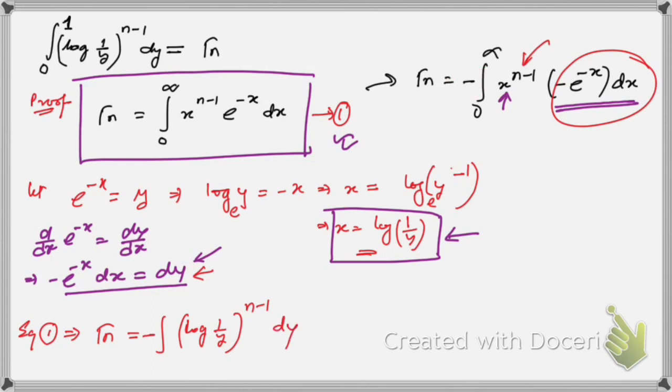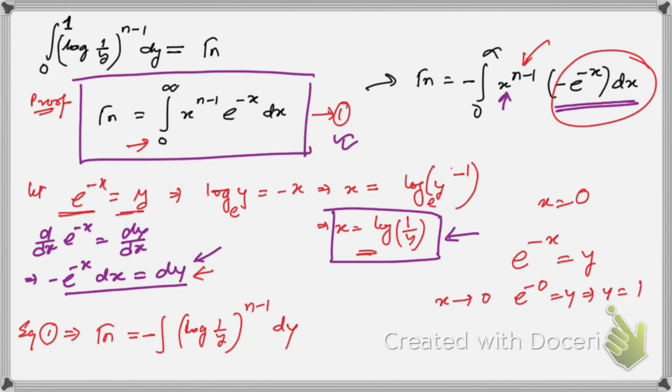Okay, so here you can see as we have substituted e to the power minus x by y, then when the lower limit is 0, as x is equal to 0, this e to the power minus 0, that is y, is going to be equal to e to the power 0, which is 1, right?